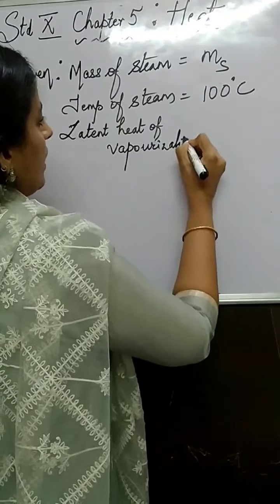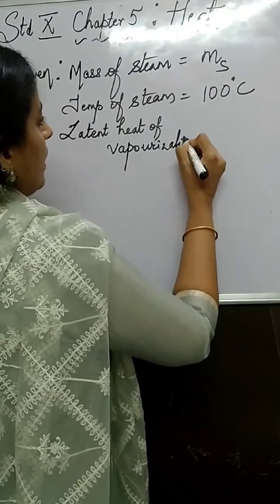Okay, now what is going to happen here? The steam is going to lose heat. So the heat lost by steam is equal to, again, MC delta T. Steam state is also going to change. Steam is in gaseous state.